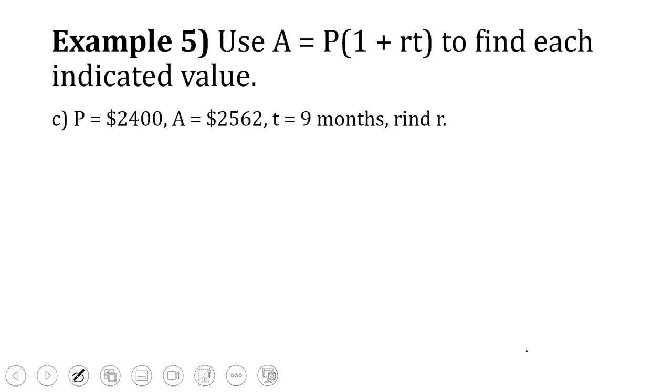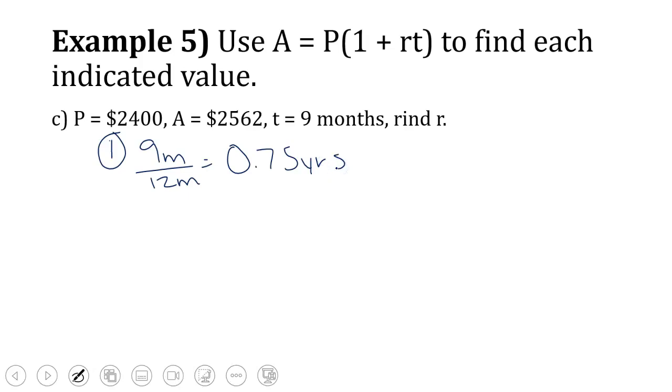And then C. So look at our numbers. They gave us the principal, they gave us the A, and they gave us the T. So we need to find the R. But first, can we use that T? No, it's in months. So let's change it. So we have 9 months divided by 12 months. Get your decimal, so 0.75 years. Now let's plug it in.